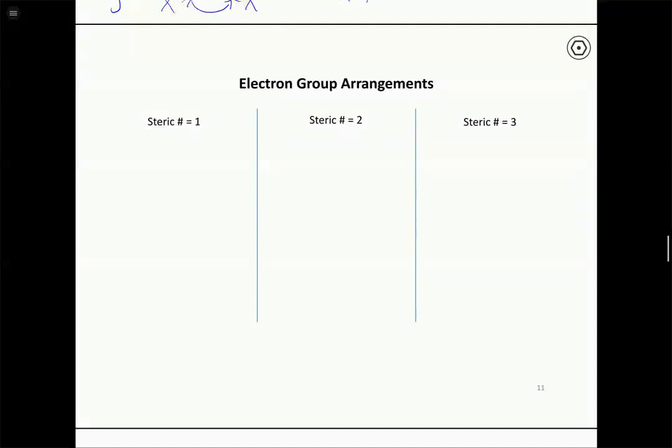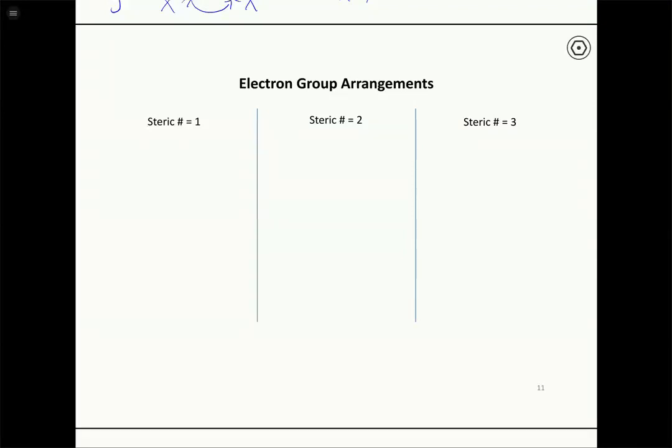Alright, so as I said, we're going to have different combinations of bonded and non-bonded electron pairs around the central atom, which gives us different steric numbers. So we're going to go 1 through 6. Steric number of 1 is very trivial, so we're going to first start by defining the electron group arrangements. This is really any combination of X and E that add up to this number.